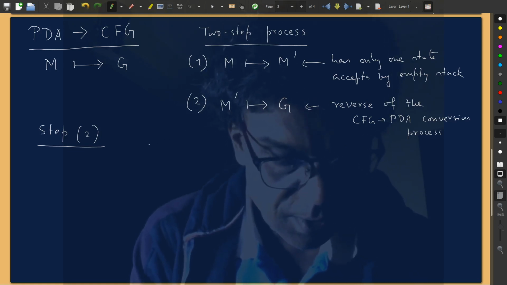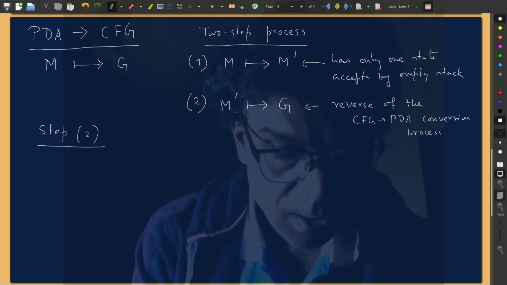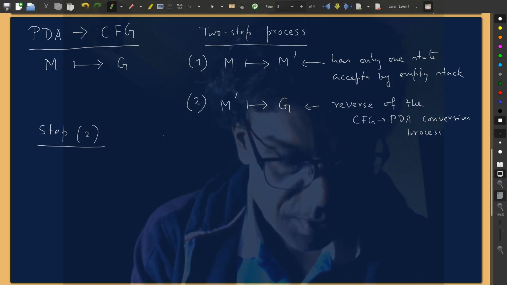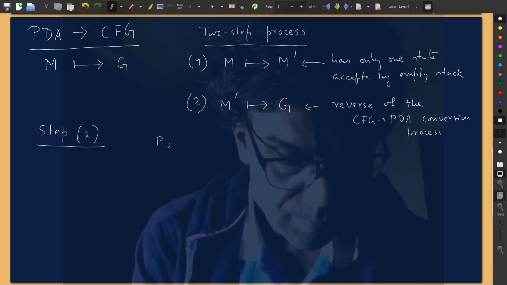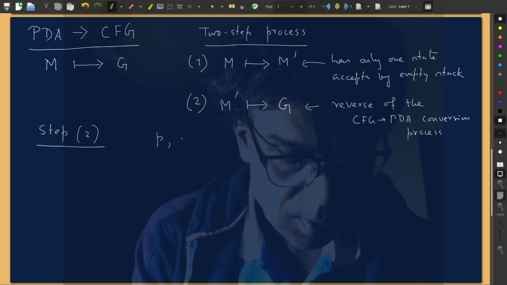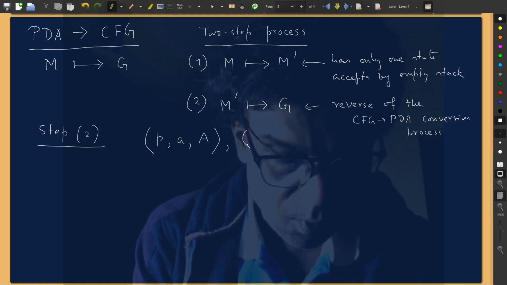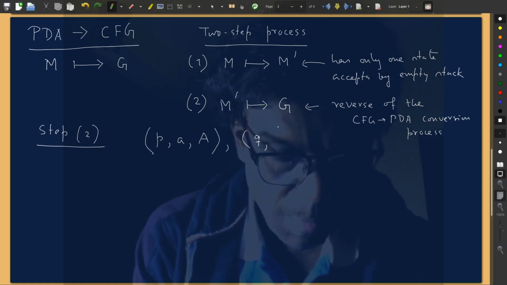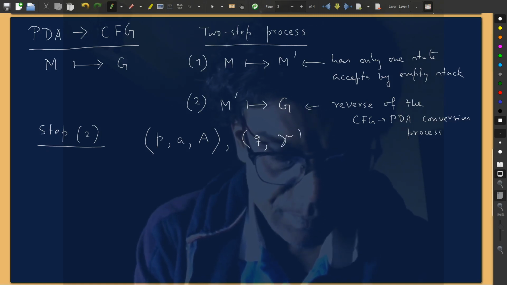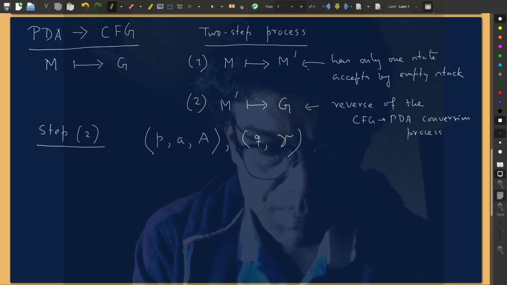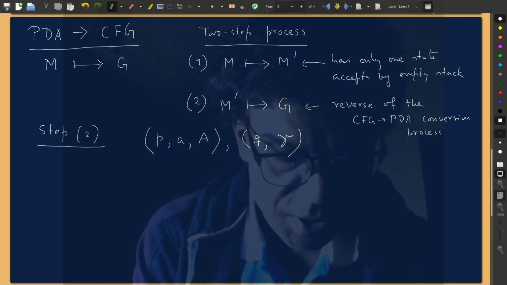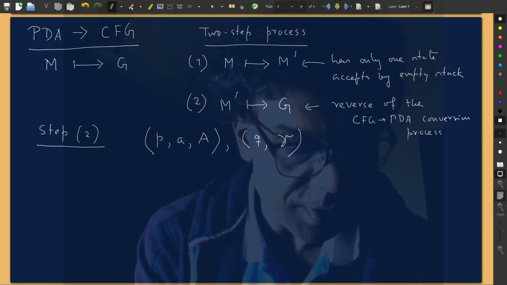So let's consider a transition of the form P, A, some stack symbol, go to state Q and replace that A by some gamma. Okay, but since this M prime has only one state, this P and Q are not actually relevant in this context.